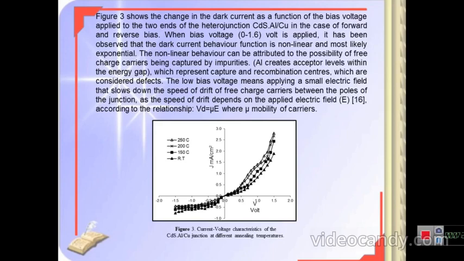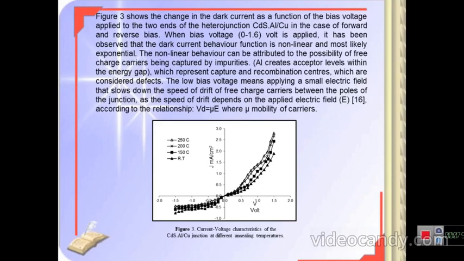In the case of forward and reverse bias, when a bias voltage from 0 to 1.6 volts is applied, it has been observed that the dark current behavior is non-linear and most likely exponential. The non-linear behavior can be attributed to the possibility of free charge carriers being captured by impurities.